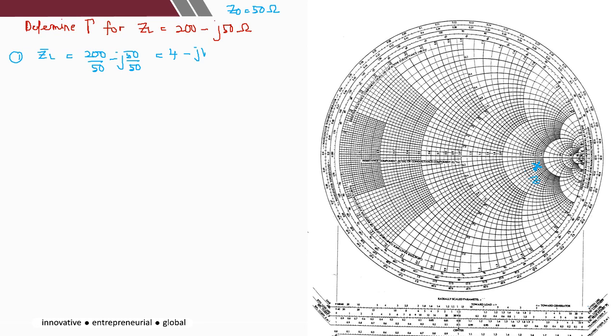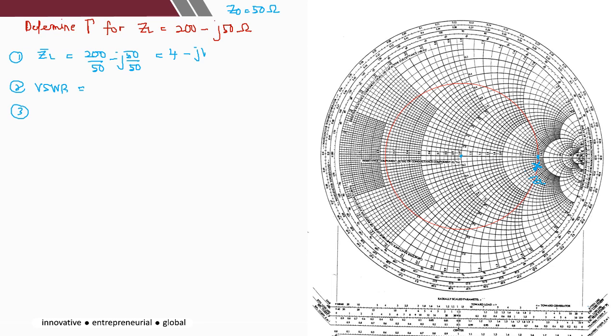So that is the normalized ZL. Second, you need to draw the VSWR circle, or you can also determine the VSWR value from the center. Remember the center is here, so draw a circle. So the VSWR is there. It's 4 point something. The third step, measure the radius.